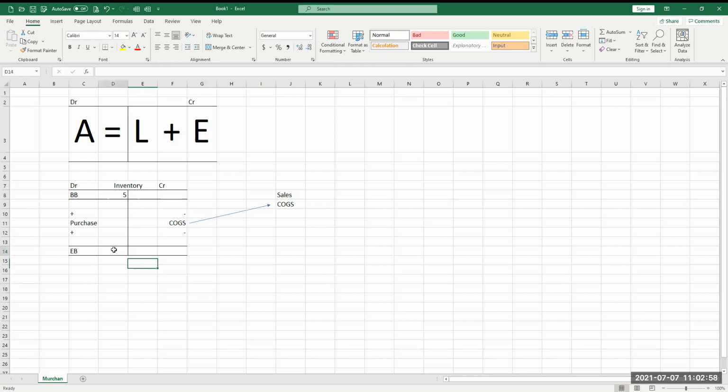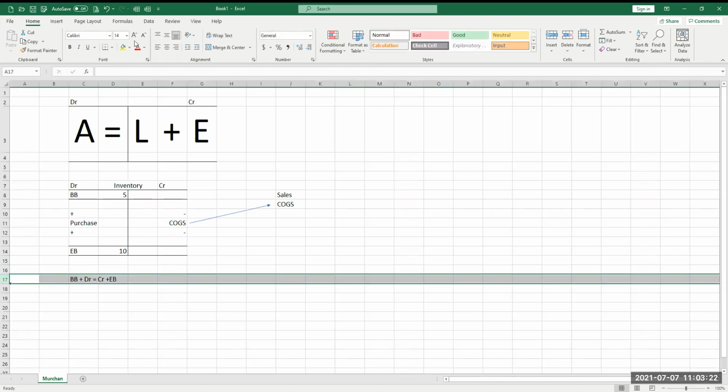Yes, Professor. So my ending balance, let's say, is 10. Now, when I have the T account, can I say my beginning balance plus my debits for the period are equal to my credits for the period plus my ending balance? Can I say that?